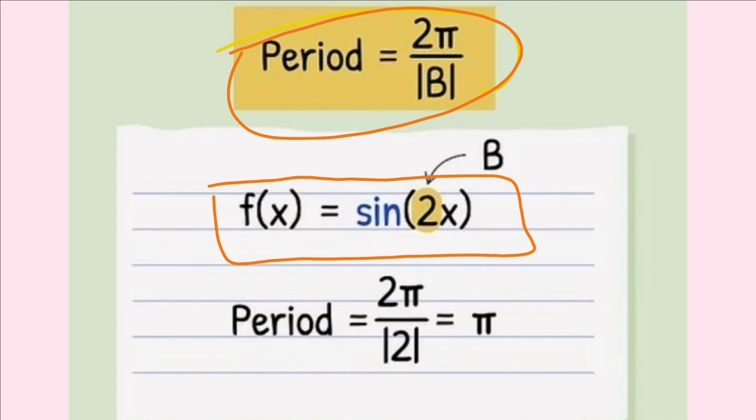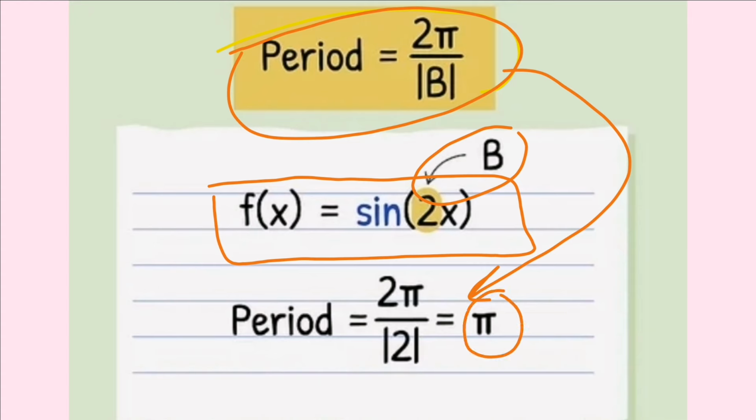If we compare with the general form, here the value of b will be 2. So the period of this function is, by this formula, 2 pi divided by |2|, which is equal to pi. So the period of this function will be pi.